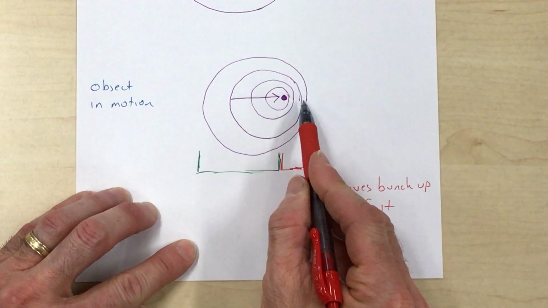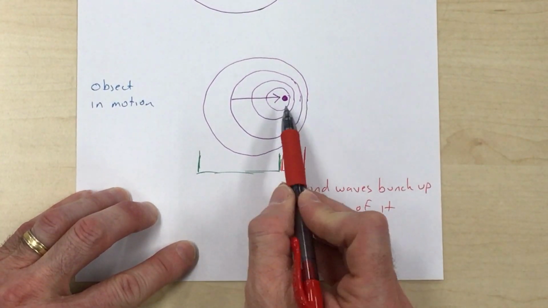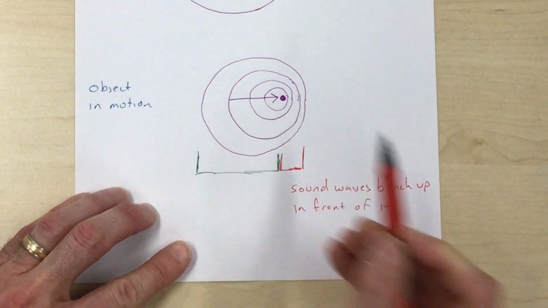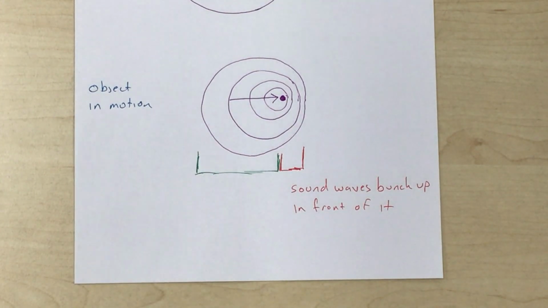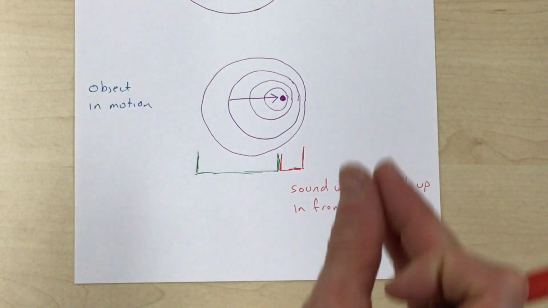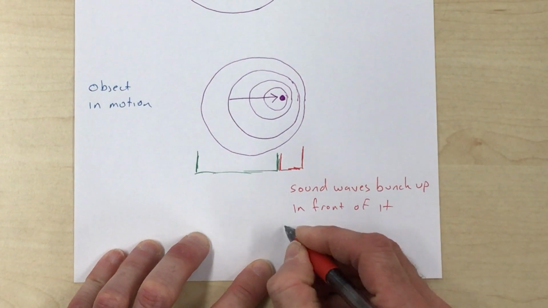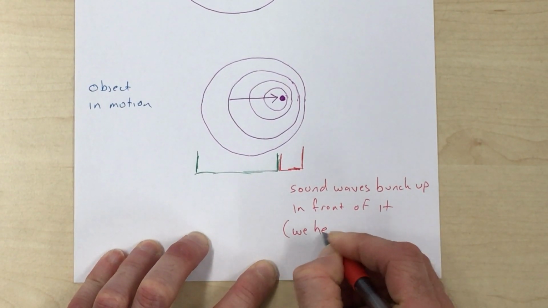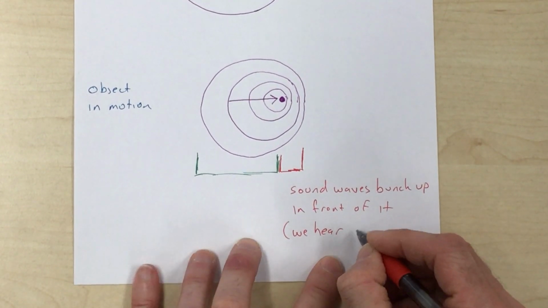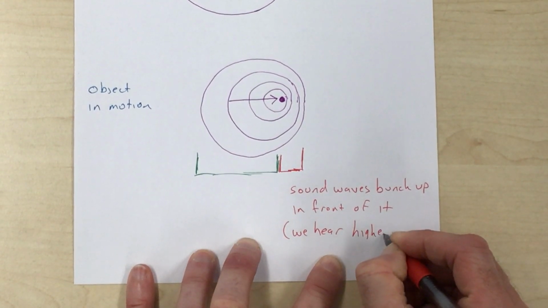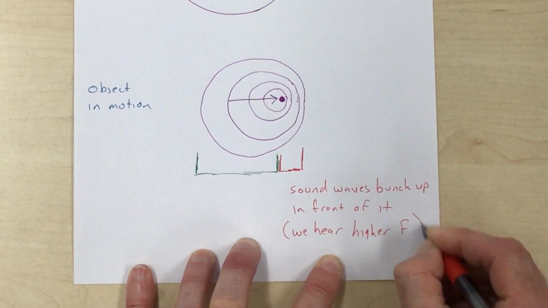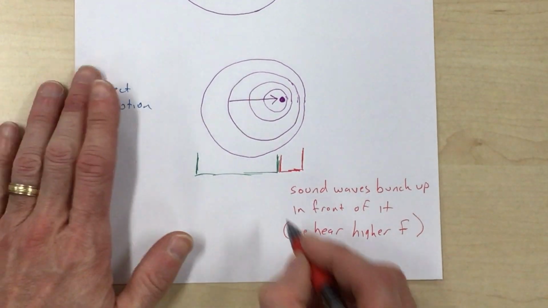So the way we hear this is because those waves are closer together, that means the wavelength is shorter. Because the wavelength is shorter, the frequency is higher. And with a higher frequency, we hear a higher pitch. So we hear this as a higher frequency or a higher pitch.